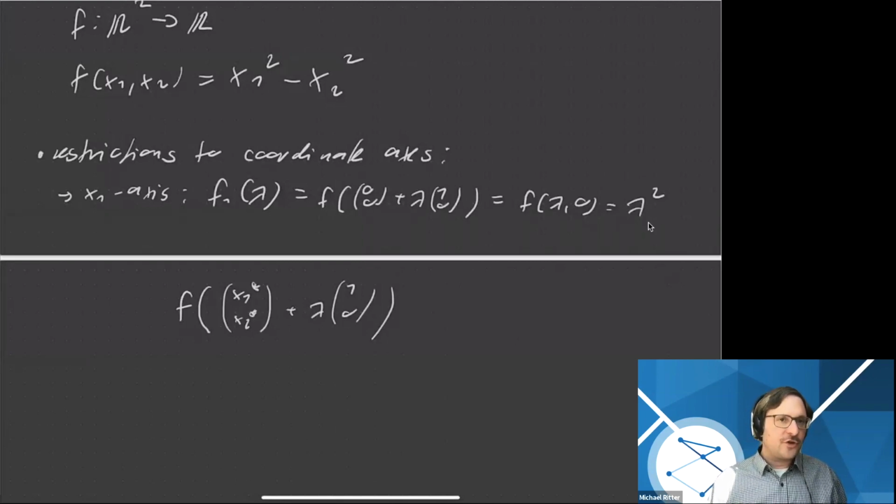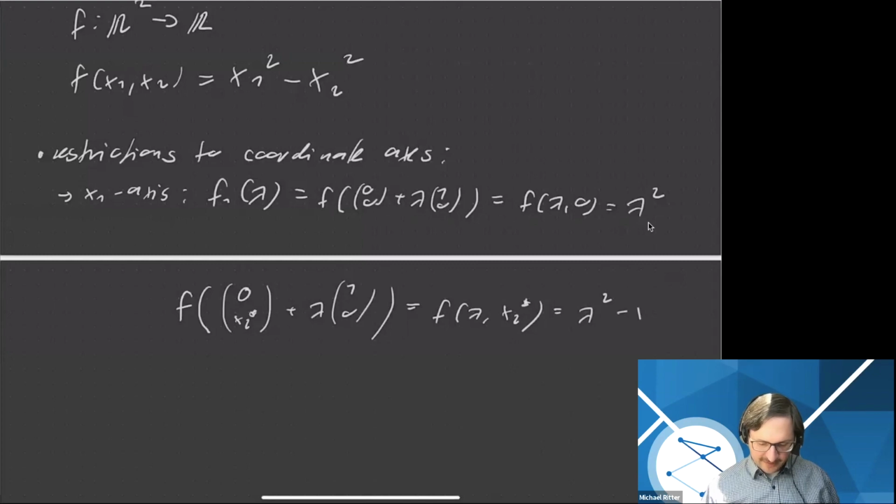I'm moving along the x1 axis anyway, so it doesn't really matter which x1 I'm using. So I could as well start at 0 here. I'm moving along that whole line anyway, so it doesn't make a difference, but it makes computation a little easier, of course. Basically that is the same thing as f of lambda and a fixed x2 star, and this is simply lambda squared minus x2 star squared.